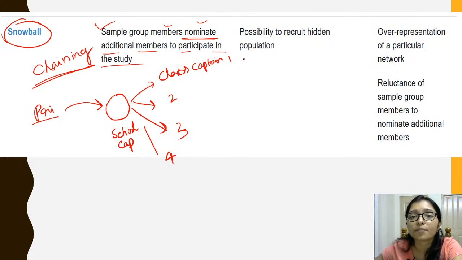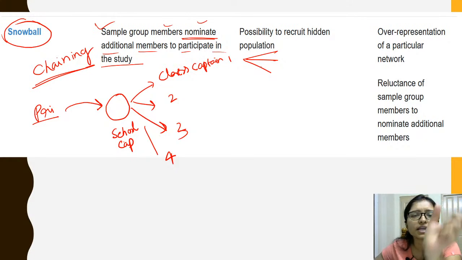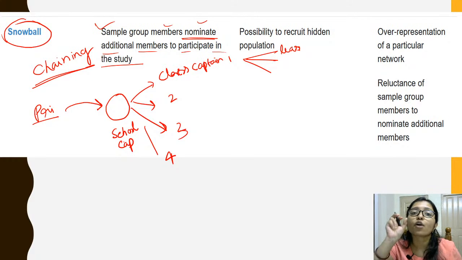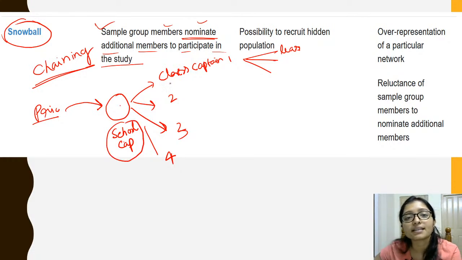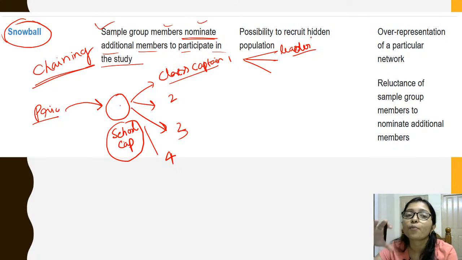Now all the class captains will create some groups, and group-wise they will select some leader from the class. That is the chaining: the principal is nominating the school captain, this school captain is nominating the class captain, the class captain is nominating the leader. So in that way, when it is going on, when the population is going on, that is the snowball sampling.